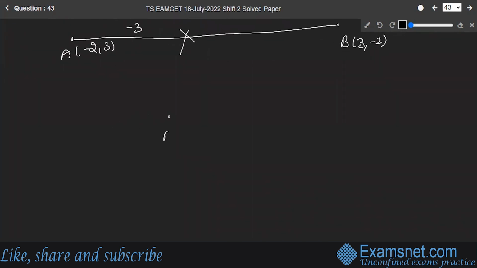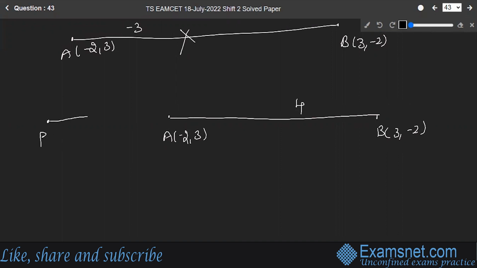Here is point A, which is (-2, 3), and here is point B, which is (3, -2). So according to the question, this is 4, and there is an external point P, which is like this. Okay. So now this is 3. This is how the division is going to take place, and you have to find out the coordinates of this point P. I'll apply the section formula for this.